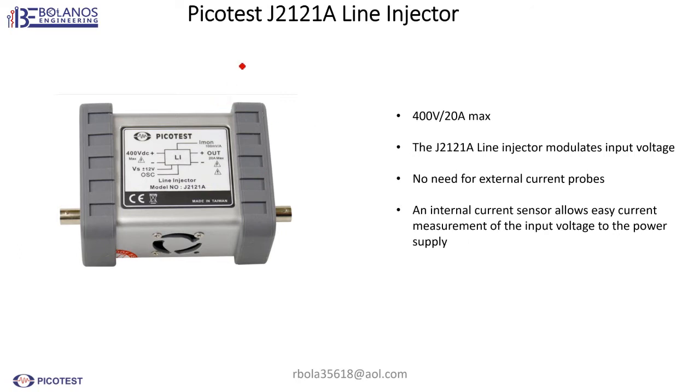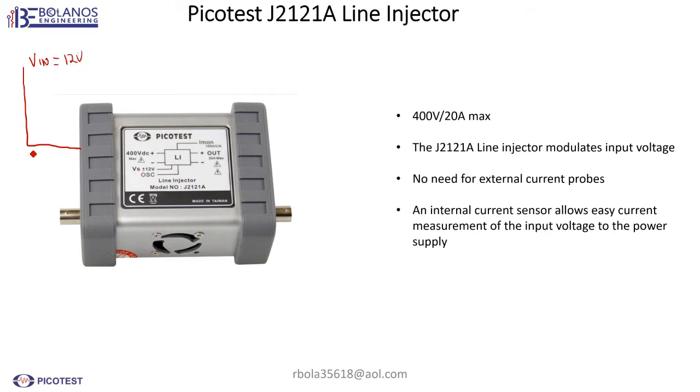Okay, here we have the Bode J2121A line injector, and I'm going to talk a little bit about how it's used and how it works. Okay, so first of all, you put your input voltage on the left side. There are some banana jacks, and this would be your V input. In my case, I'm going to be using 12 volts.